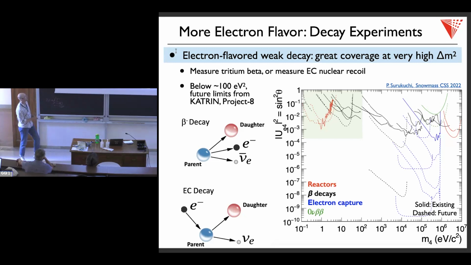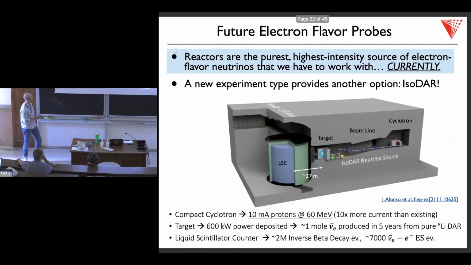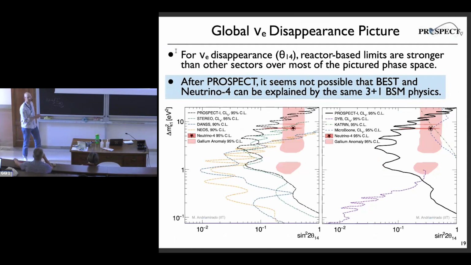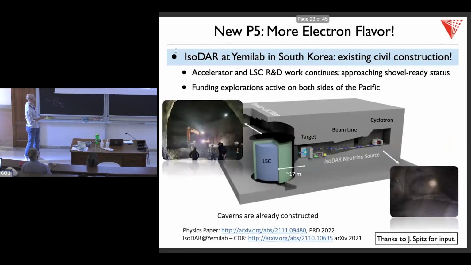And so K measurements and electron capture measurements that are trying to probe space. This plot here. So I'm sorry for the difference in representation.